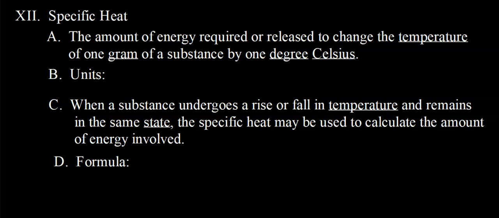Specific heat is the amount of energy required if it's an endothermic process, and released if it's an exothermic process. So the amount of energy required to change the temperature of 1 gram of a substance by 1 degree Celsius. Let me restate that.